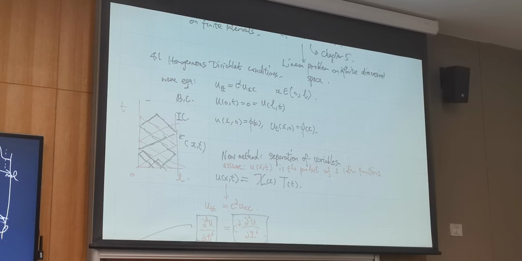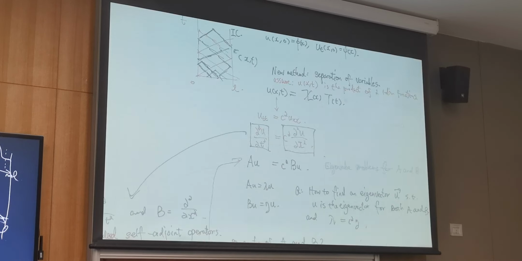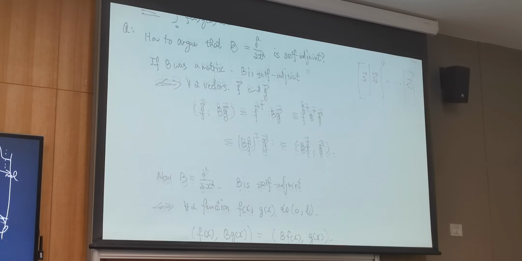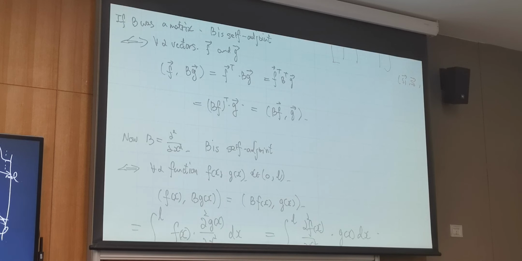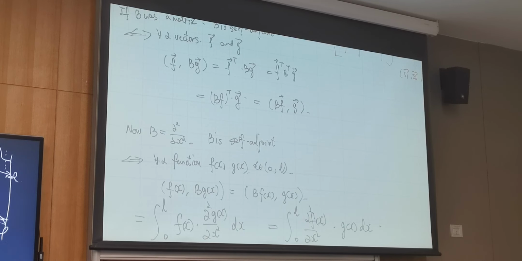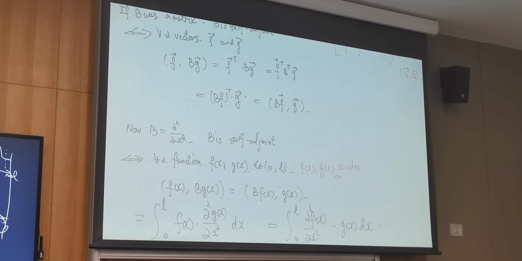The boundary condition tells you that it vanishes on the boundary. So here, one implicit requirement for f(x) and g(x) is that they vanish on the boundary.